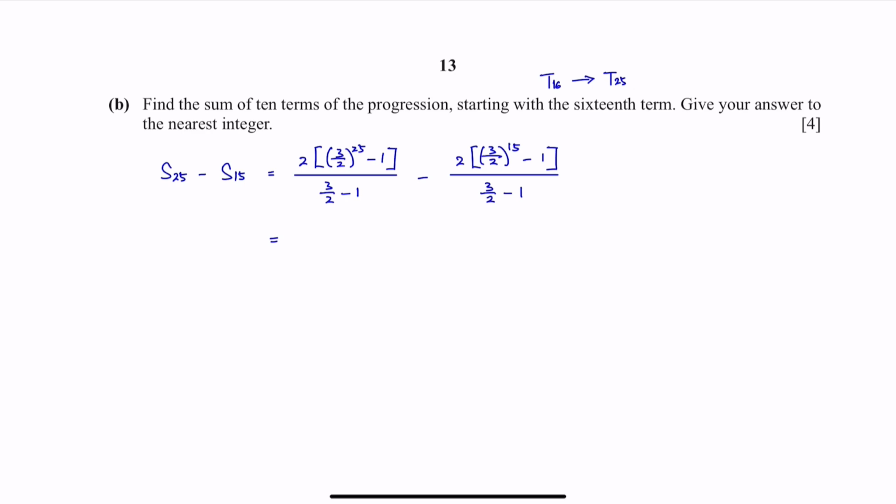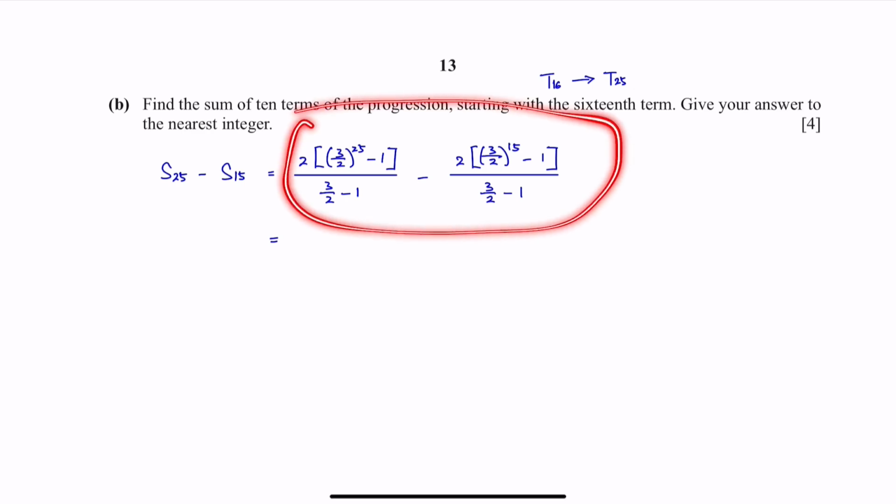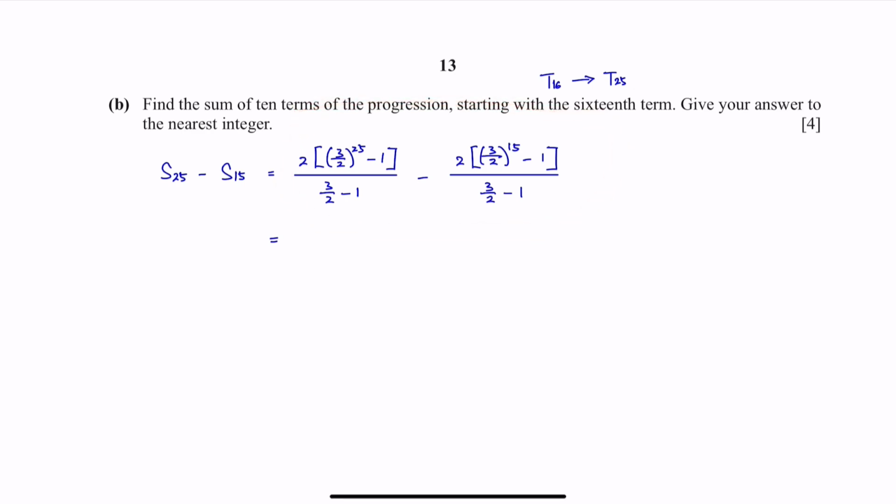So if we type this whole thing into the calculator, we would find that the nearest integer would be 99,253. This would be the nearest integer.